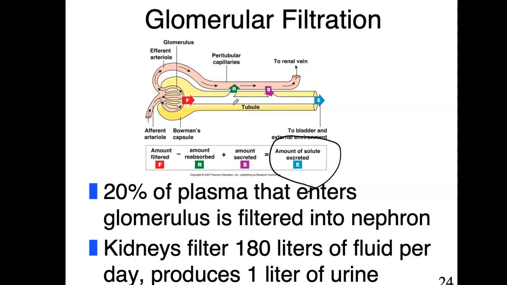Well, the kidneys filter about up to 180 liters of fluid per day. And that is going to produce 1 liter of urine. So if you're filtering 180, it means that 179 of those are going to have to be reabsorbed somehow. So think of what these kidneys are doing, the amazing job of filter, filter, filter, take back, take back, take back.